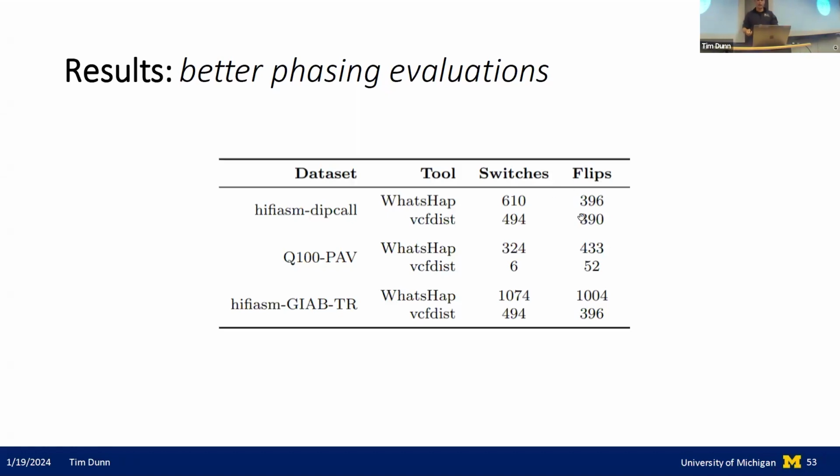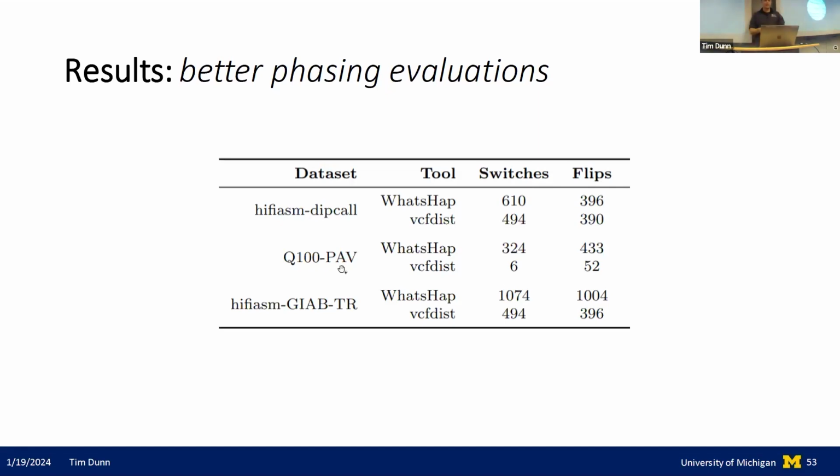We see that WhatsApp finds 610 switches and we find 494. But then on the second data set, we again find exactly the same number of switch errors. But here, the number of errors that WhatsApp finds has nearly doubled. And we actually find that this is due to the variant representations, which I'll explain on the next slide.